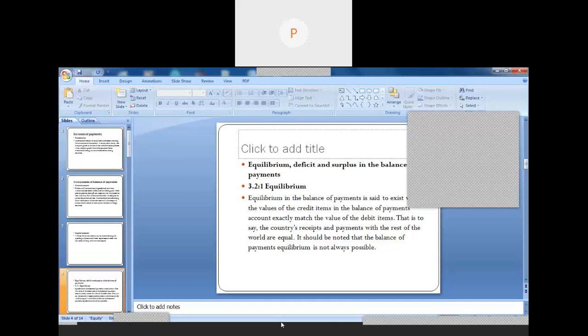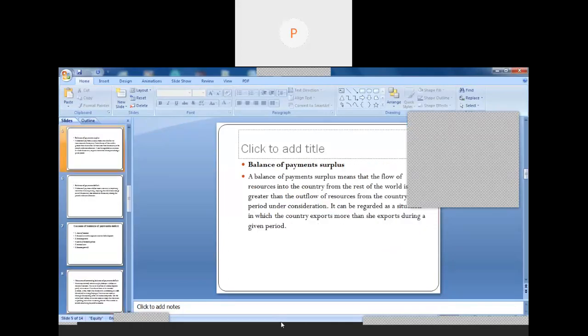It should be noted that balance of payment equilibrium is not always possible. That is what I've written in the slide. Whenever you want the debit and credit to be exactly equal, that is not going to happen.